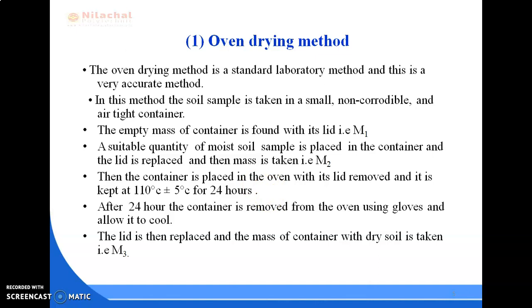After 24 hours the container is removed from the oven using gloves and allowed to cool at room temperature. Then the lid is replaced and the mass of the container with dry soil is taken and noted down, and this is M3.